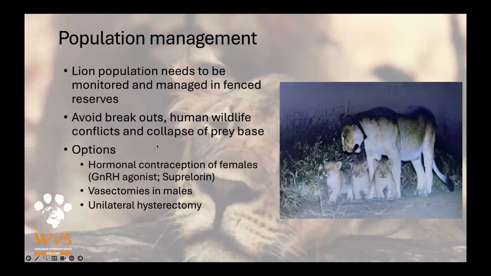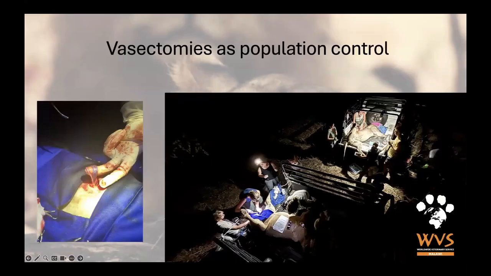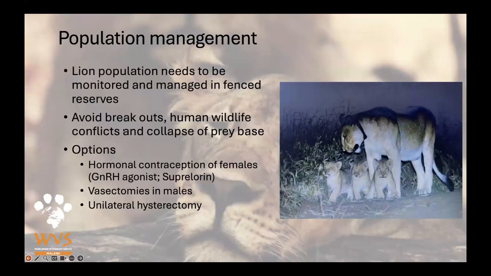Okay, so I quickly want to touch on population management and why it is needed. Whenever people hear about contracepting lions, they say, oh, but why? Why can't they just have as many cubs as they want?